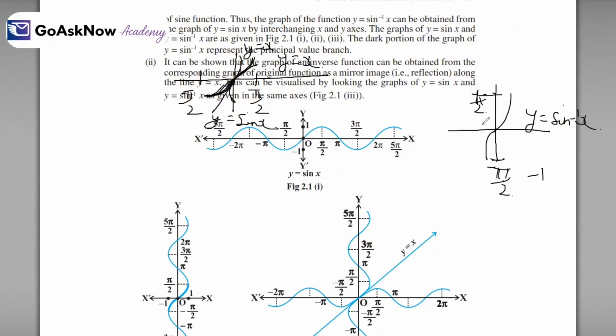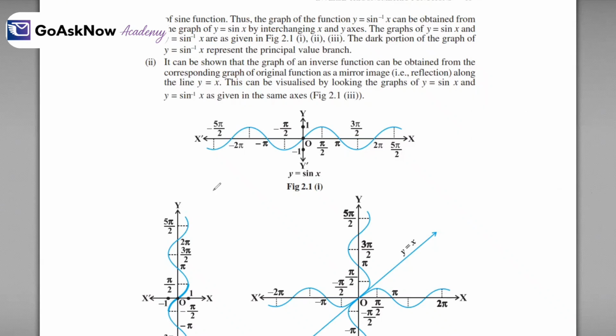Minus 1 is this point, and this will be plus 1. So your domain is minus 1 to 1, and your range is minus pi by 2 to pi by 2. So I have clearly shown you how the graph of sine inverse is formed by taking the mirror image about the y equal to x axis, and it has come like this only. Now I will remove this part and see other things.